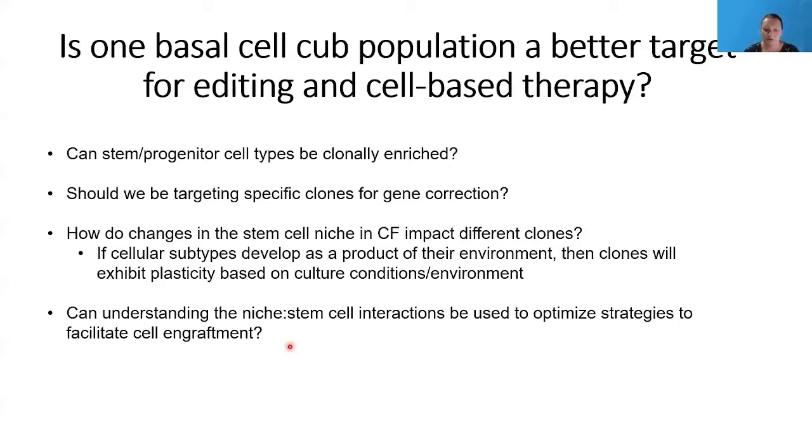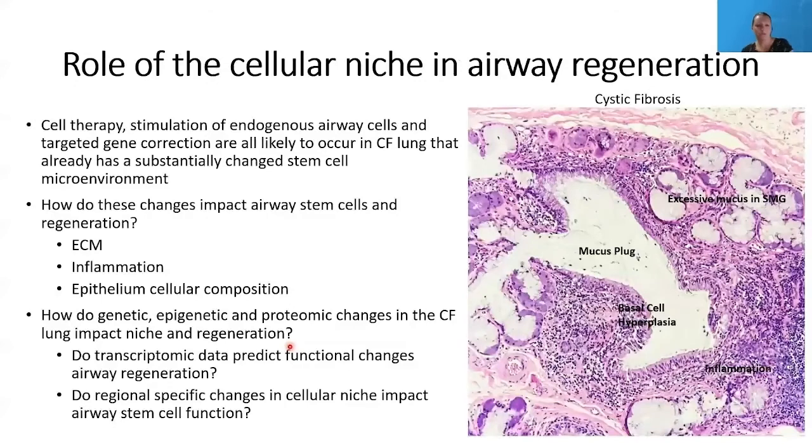Also, it could be used to improve the ex vivo conditions for expanding these cells so we maintain a better quality of basal stem cell. And can we utilize these niche and stem cell interactions to optimize strategies to facilitate cell engraftment or to better target endogenous stem cells? So as we've mentioned niche, our lab has done a little bit of work looking at the niche and how it may be impacting airway regeneration.